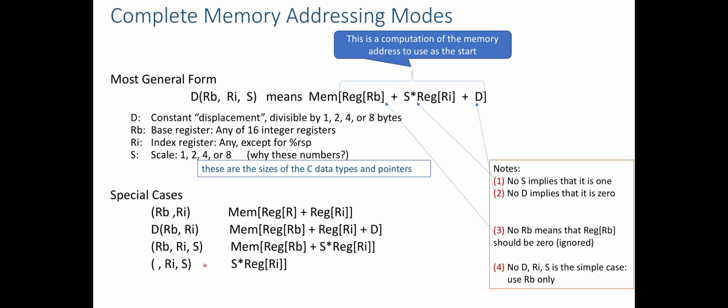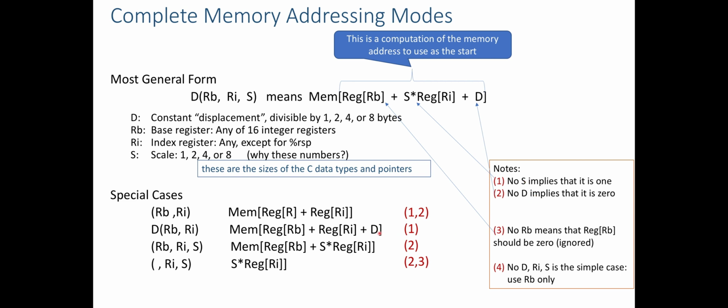Now, in case 4 here, we could have no D, no RI, and no S. And that's the very simple case of just having the RB that you looked at in the last activity. So in this example here, where we just have an RB and an RI, that's the same thing as both 1 and 2 over here. There's no S and there's no D.